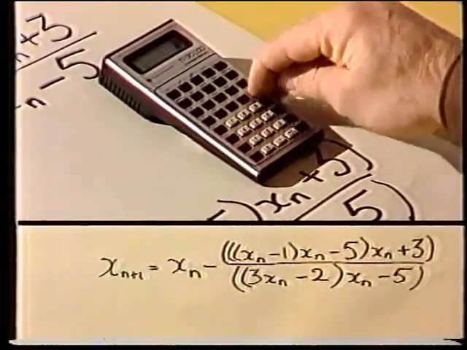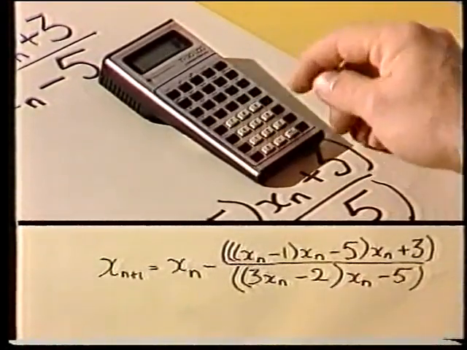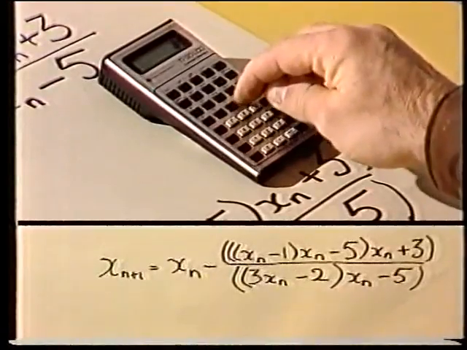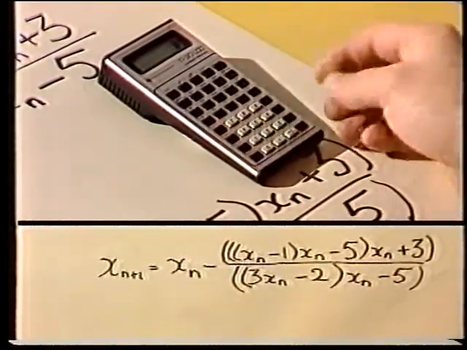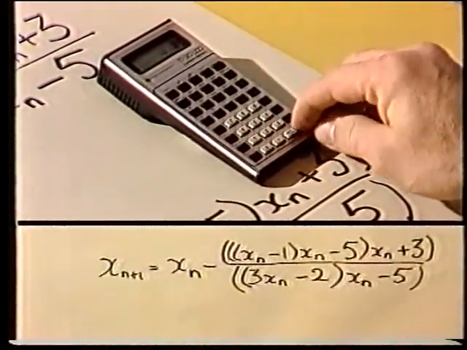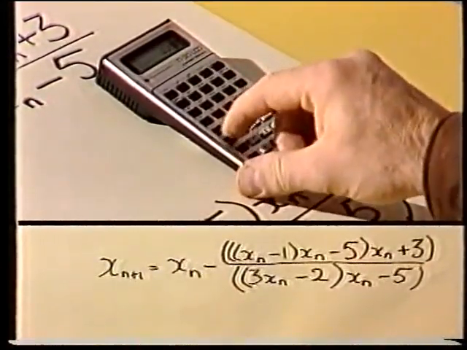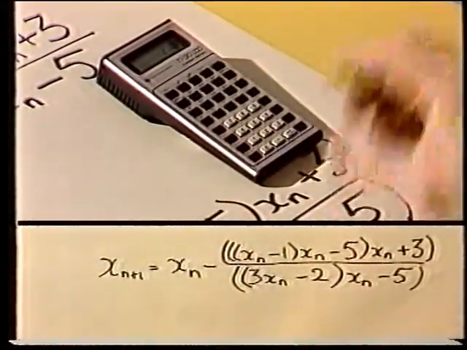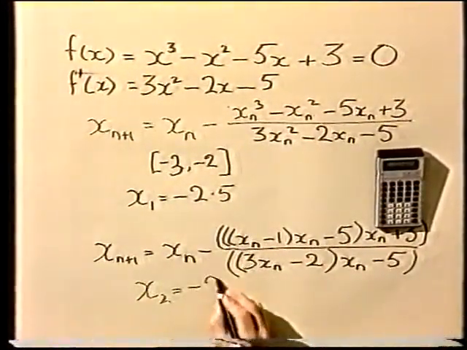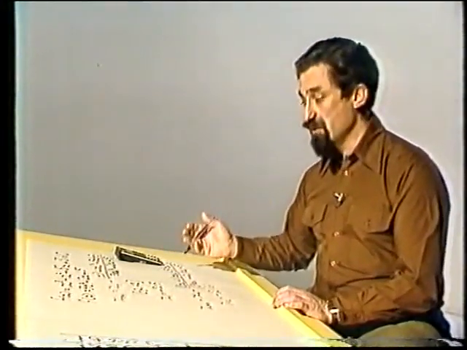Now I have to divide that by, open enough brackets, 3 times my value of xn in memory, subtract 2, close the bracket, multiply by xn, subtract 5, that's the bottom line, complete the division, then subtract that from my current approximation. That gives me my next value, x2 equals minus 2.16. Then I store that and start all over again.